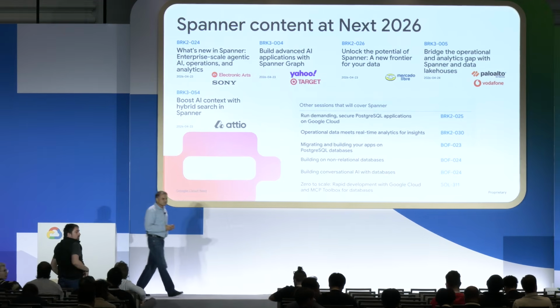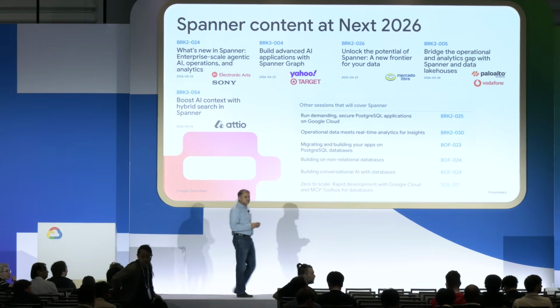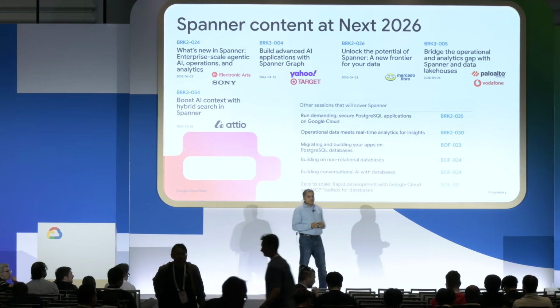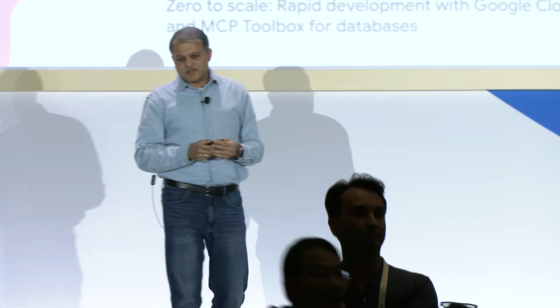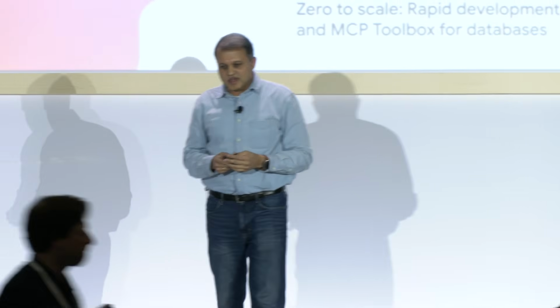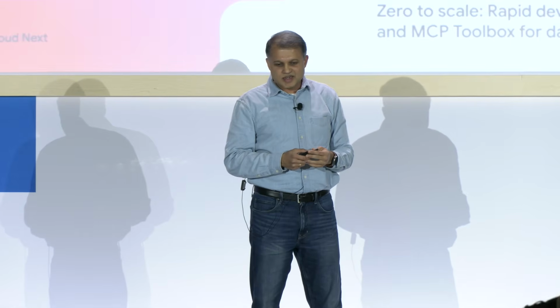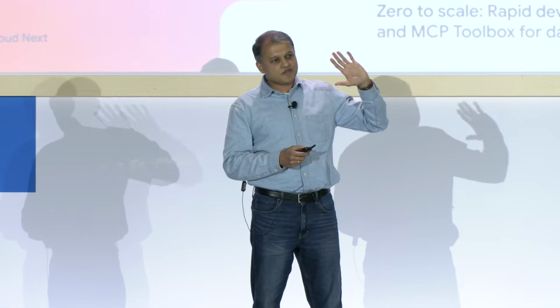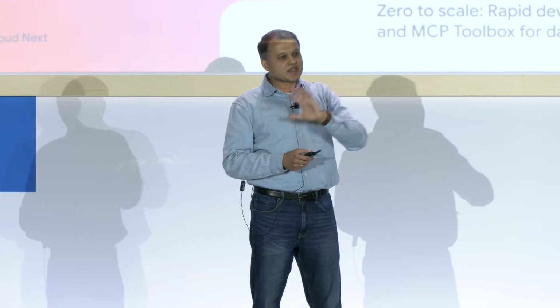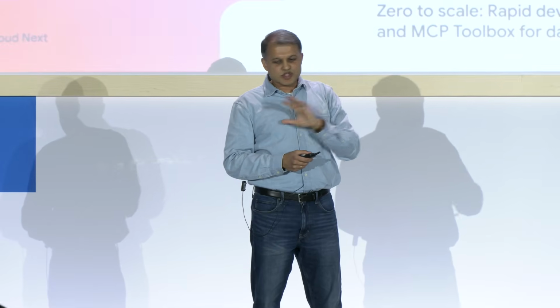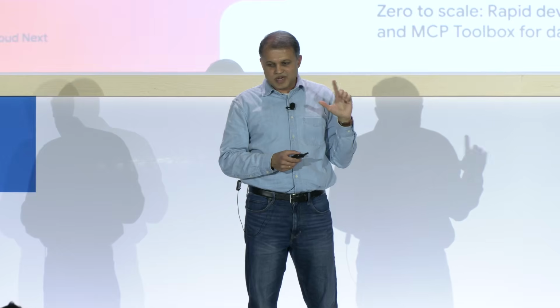Yeah. So are all the features that you demoed also available in Spanner Omni? Yes, absolutely. So everything we showed here is available in Spanner Omni. Spanner Omni is basically a copy of whatever we have running in our managed service. So there will be some things that will work a little differently.